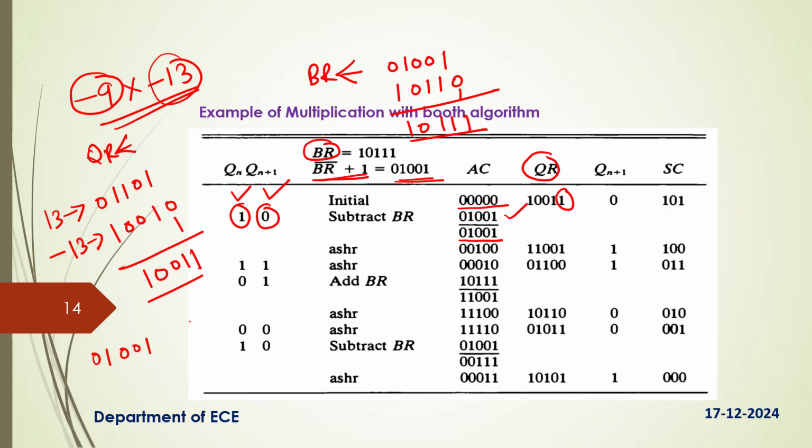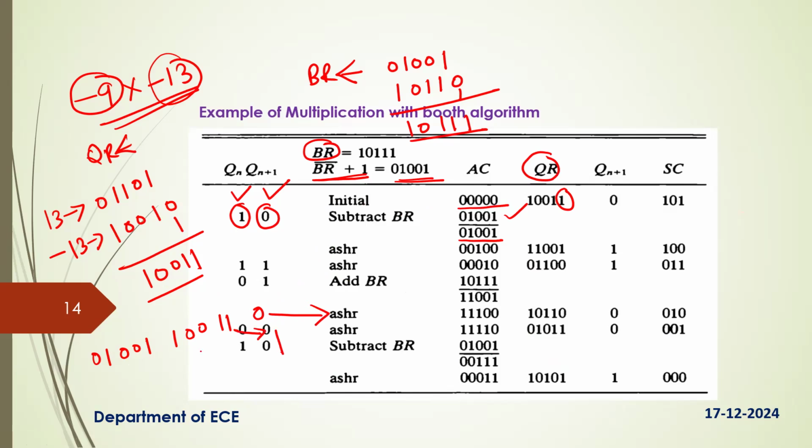And what is QR? 1, 0, 0, 1, 1, including Qn plus 1, which is 0. Now you perform the arithmetic shift right operation. That means every bit is shifted towards the right by one position.